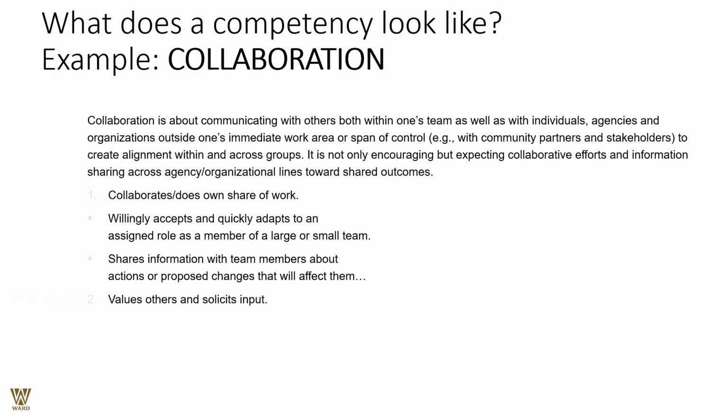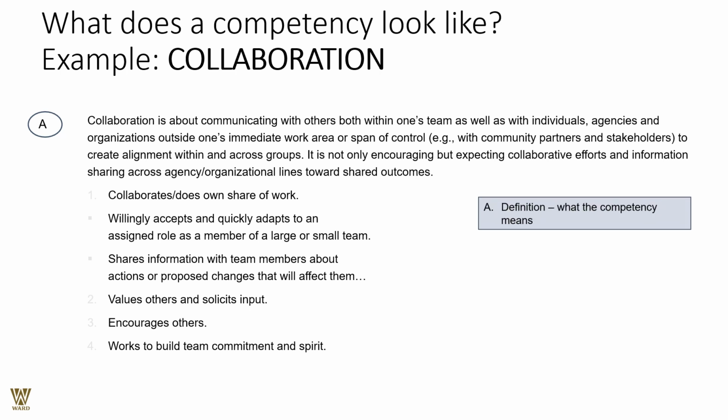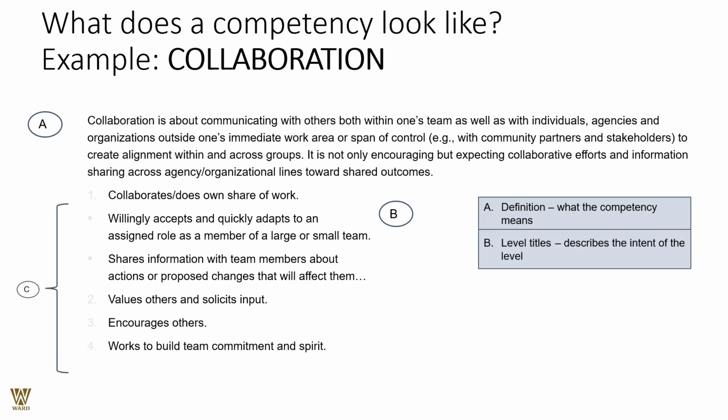So what are we doing about collaboration? We are collaborating our work, we are communicating about our expectations, we are communicating what we have done, we are willing to accept ideas, probably change our thought process, probably adapt. We are talking all about sharing information with our team members. We're talking about valuing others and soliciting inputs.